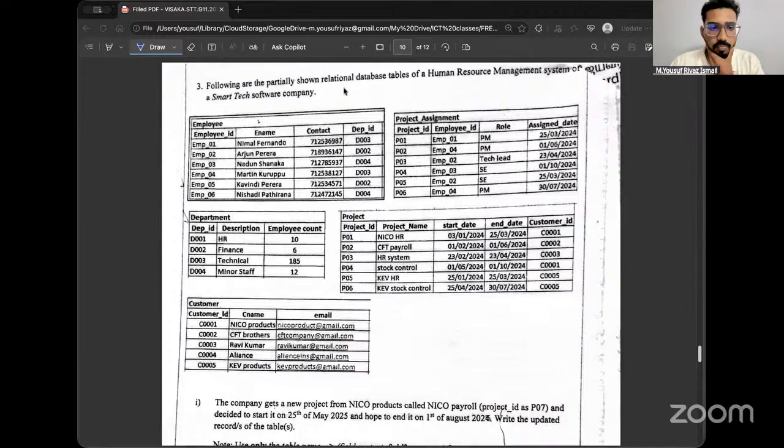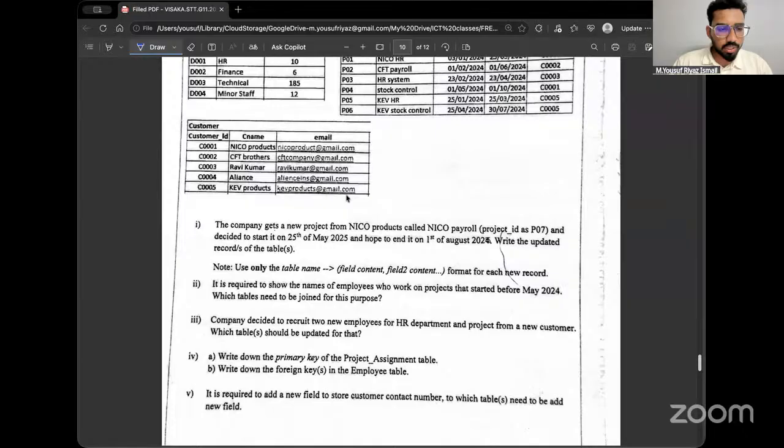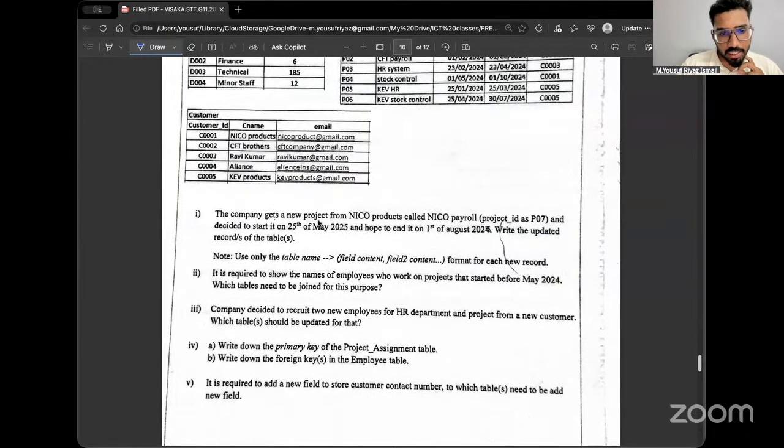They have given you a database with five tables here. The first question says the company gets a new project from Nico products, called Nico payroll. The project ID is PD07, and they decided to start it on 25th of May 2024 and hope to end it on 1st of August 2025. Write the updated records of the table.